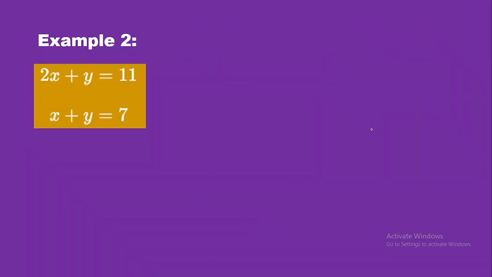Alright, so now let's look at example 2. Now example 2, there are two ways of getting our answer for this one right here. In this case, we could just subtract, but let's say I'm gonna add.